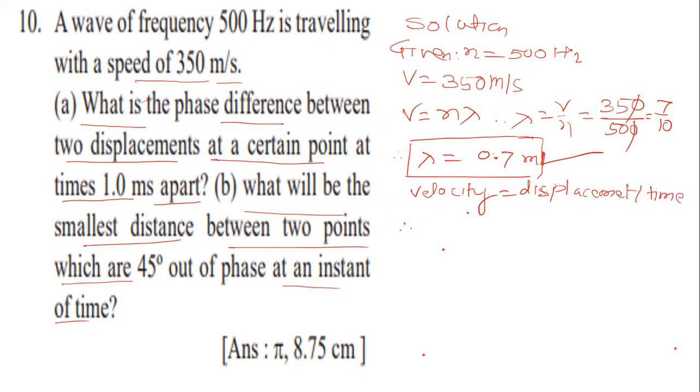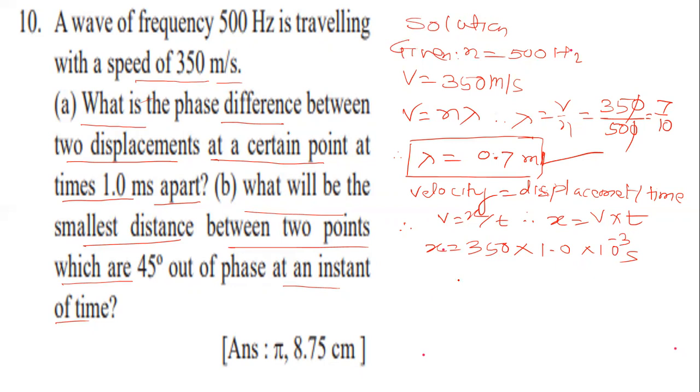Therefore, we can write x is equal to v into t. But here velocity is 350 meter per second and time is 1 millisecond. That is, 1 millisecond is equal to 1 into 10 raised to minus 3 second.